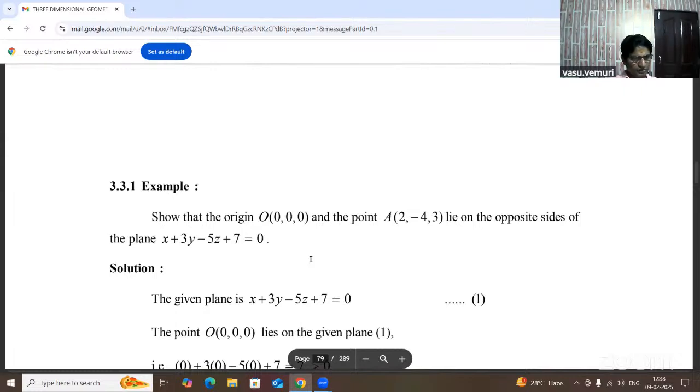Positive means the same sign, and negative means different signs.